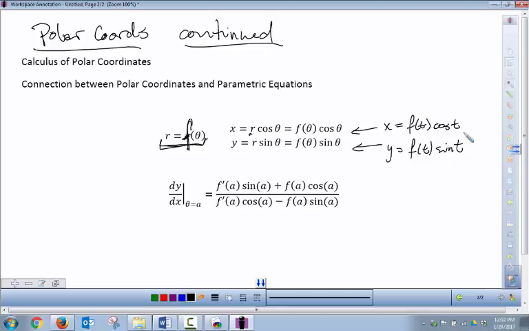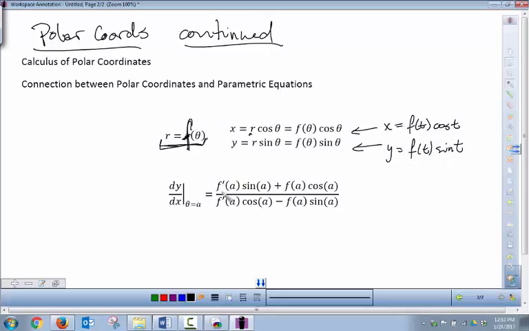And so we would just take the derivatives the same way we've done before, except the derivative of x is now some form of a product rule, because you have f of t and then you have cosine t. And then the derivative of y is another product rule, f of t and sine t. So it's a derivative of y with respect to t, or with respect to theta.